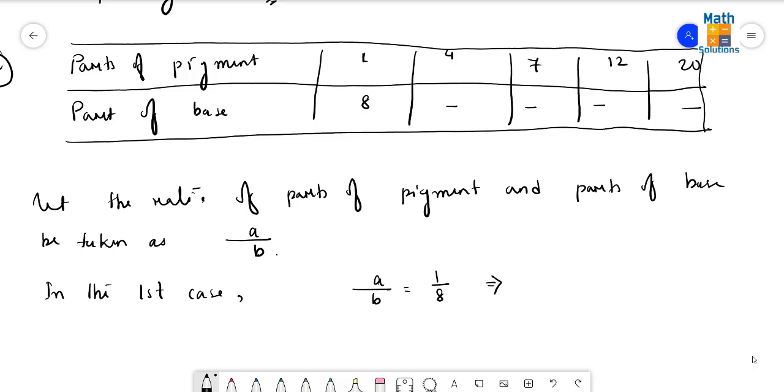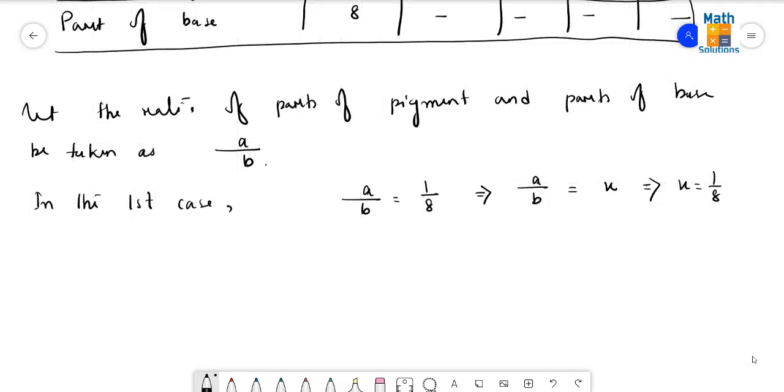So this will imply what? We can say that A by B is equal to K. That is, K is equal to 1 by 8. So if K is equal to 1 by 8, in the rest of the ratios also we should get the same value.